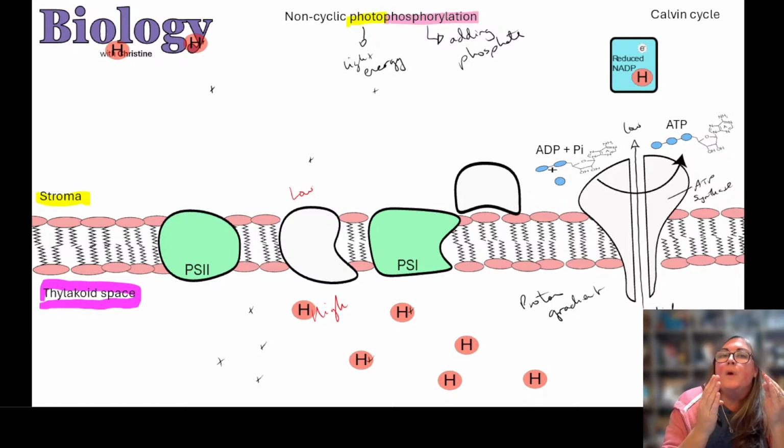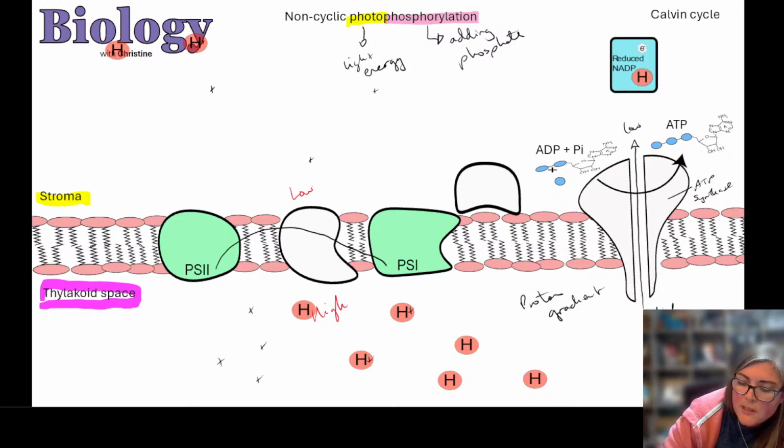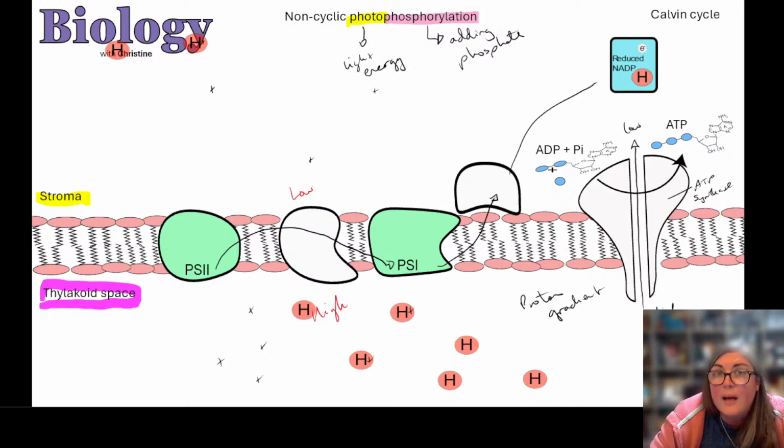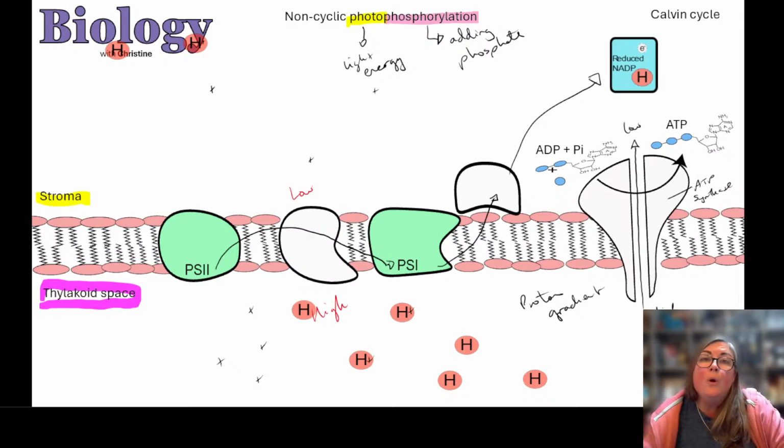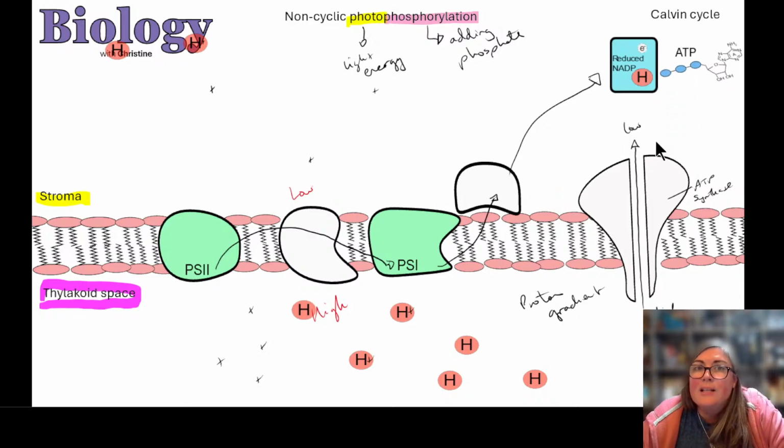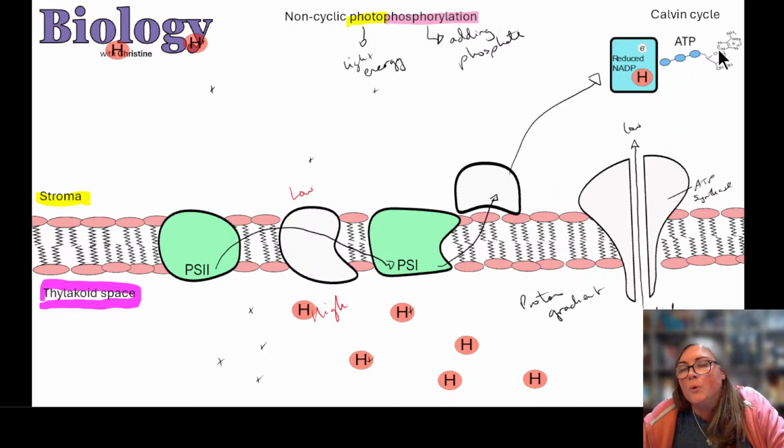So we know that this is non-cyclic photophosphorylation because the electrons moved from photosystem 2 to photosystem 1. The electrons moved up and were accepted by reduced NADP, and they are going to go to the Calvin cycle, and our ATP will also go to the Calvin cycle.